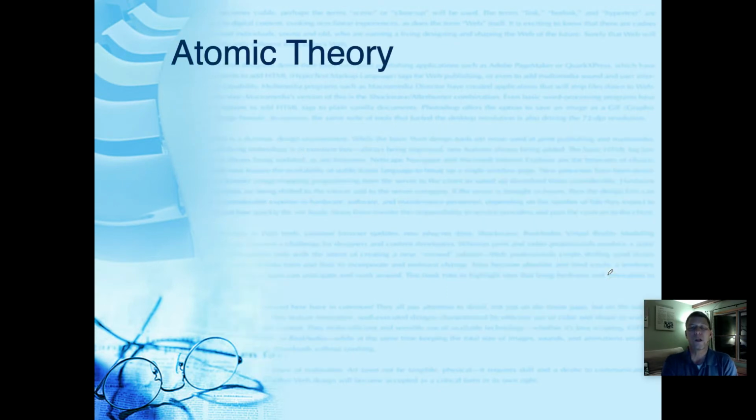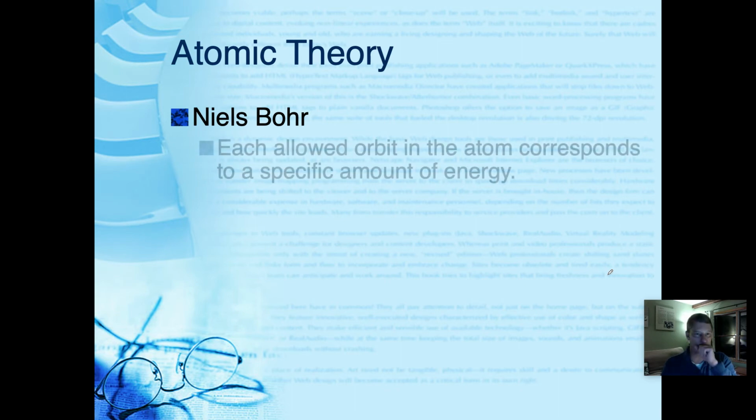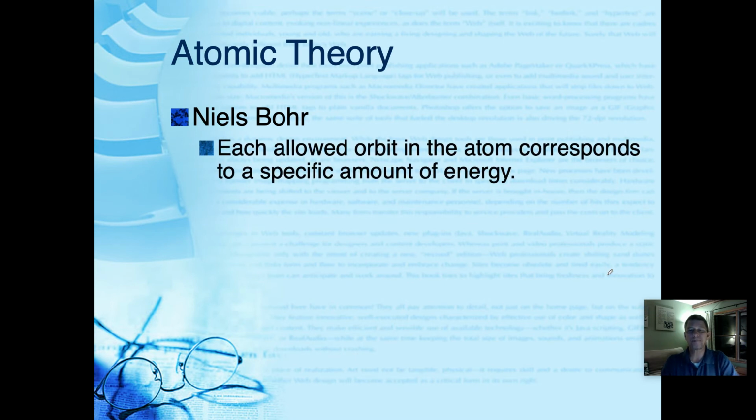Okay. Now, so Bohr then constructed his model of the atom, given all of the various pieces and parts that we've just talked about. He said that the electrons were moving in very specific orbits that corresponded to a specific amount of energy.